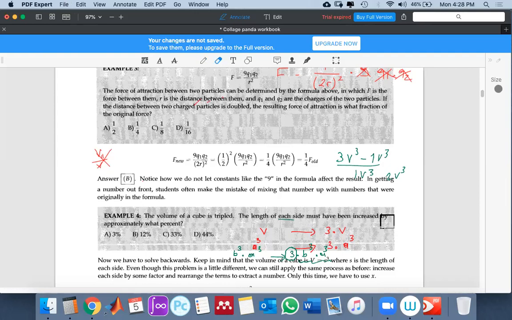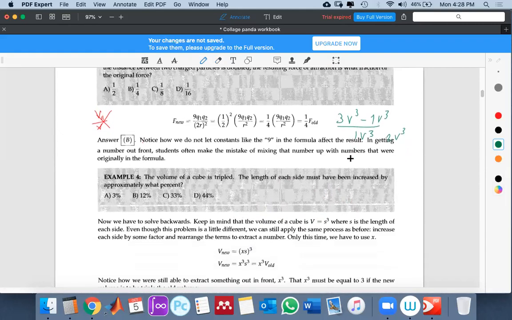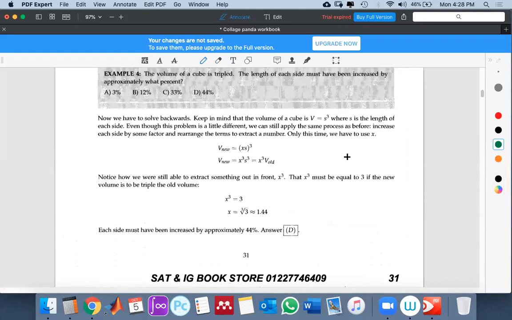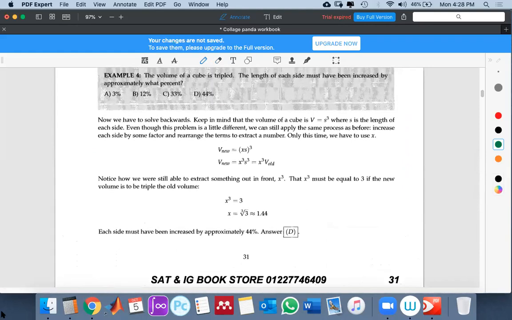Let us see how the given solution goes. I don't want to use the sample by giving 1, 1, 1. Let us see the solution, how it is given. One by one, let's go. Now we have to solve backwards. Keep in mind that the volume of a cube is s cubed, where s is the length of each side.